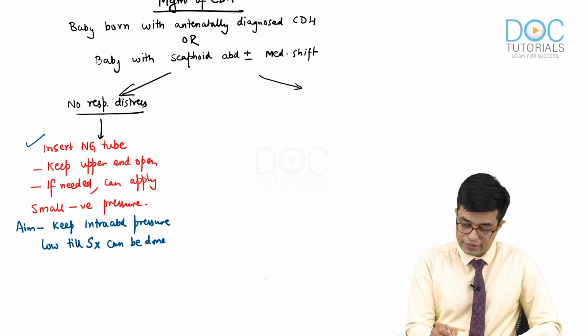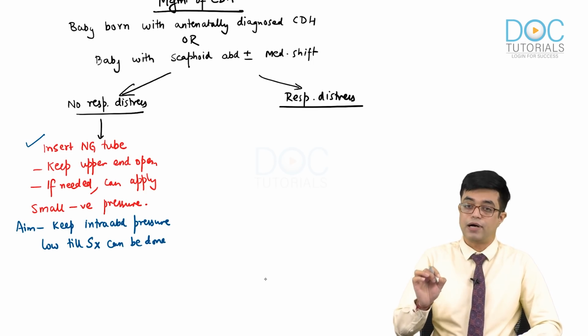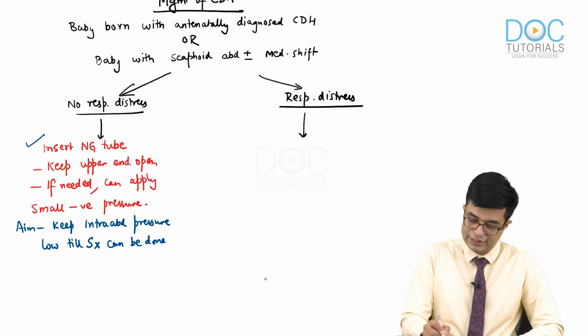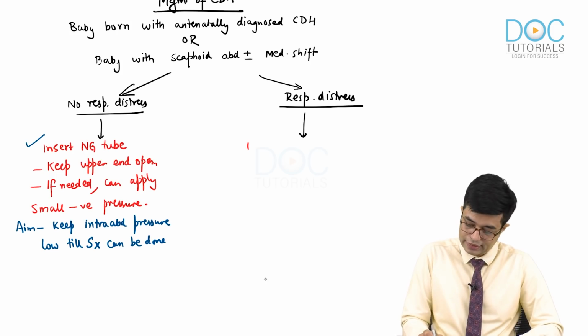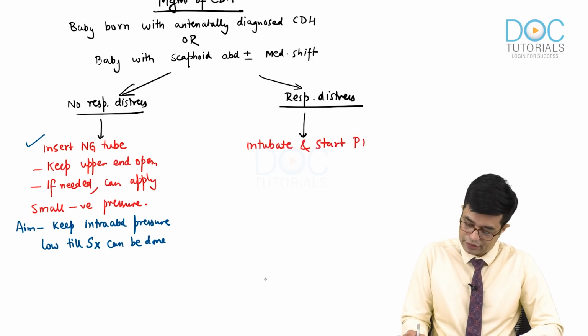In case the patient is having respiratory distress, then you have to manage the respiratory part first, so the first step in these patients is to intubate, put an endotracheal tube and start positive pressure ventilation.